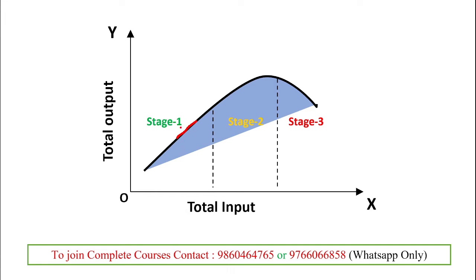And the three stages, stage 1, stage 2, stage 3, we can relate with a traffic signal. When you see a green signal, that means you can go. Then the second stage, the yellow, means you can go but in a careful, limited way.